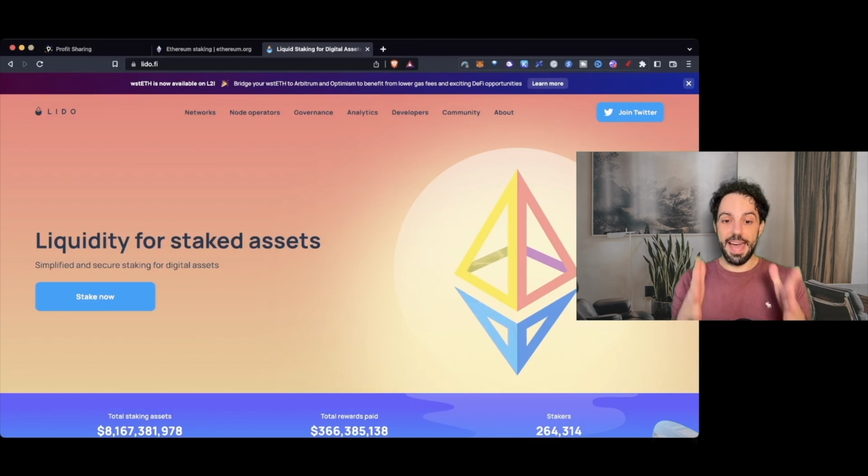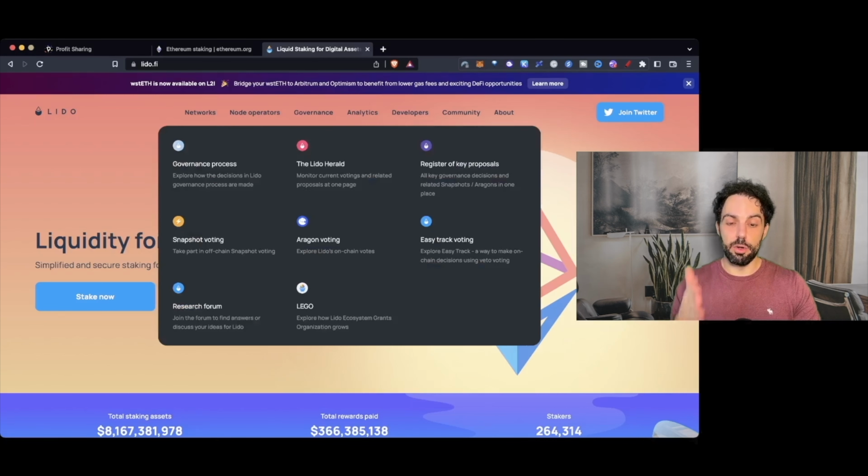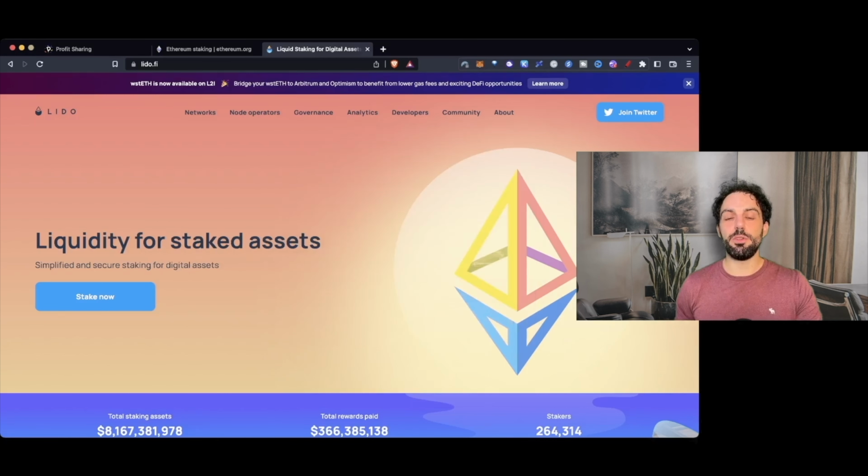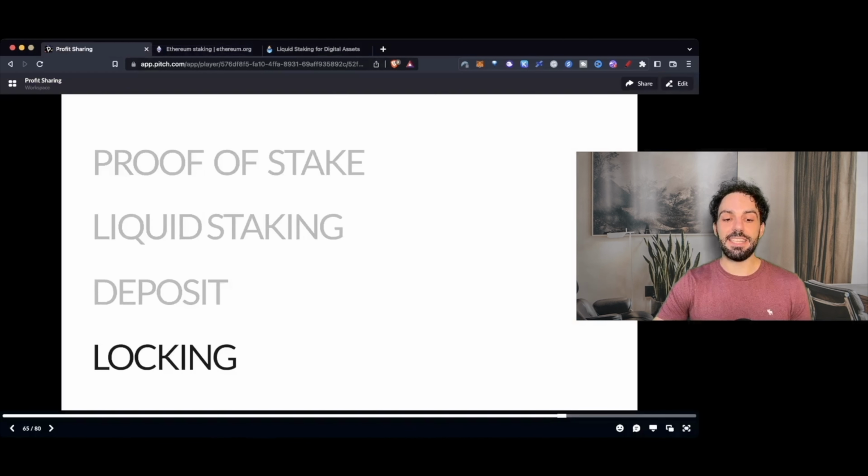So having this token is giving you the ability to vote. As you can see up here, it is written governance, and it simply means that you can vote on the different proposals. For example, support a specific asset or change the interest that is paid and so on. And when they are talking about using your token in order to participate in this process, they are saying staking. So you can stake, you can deposit your token, and in some cases, it will also be required to be locked.